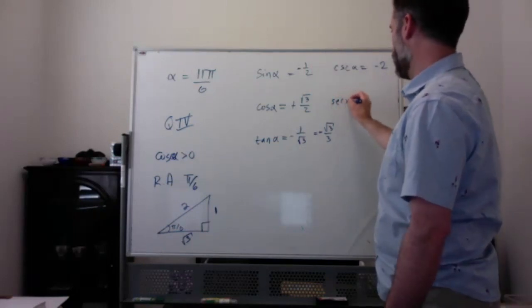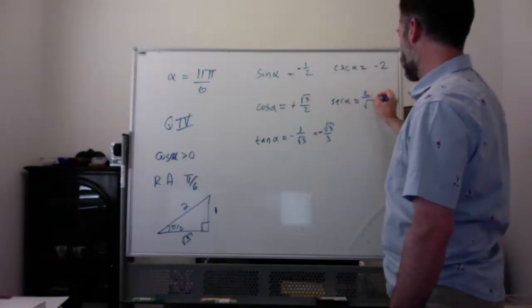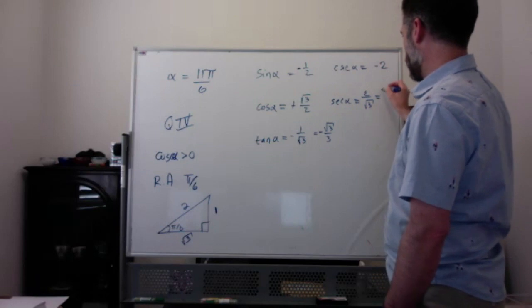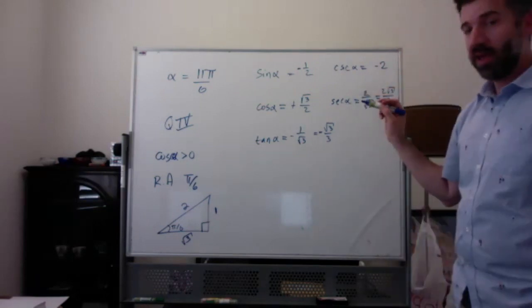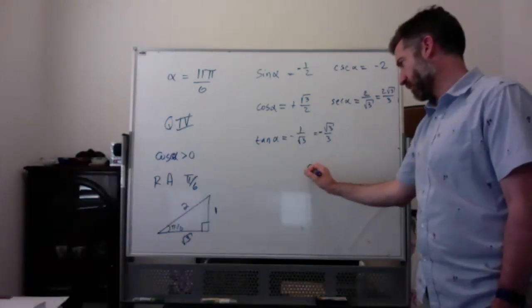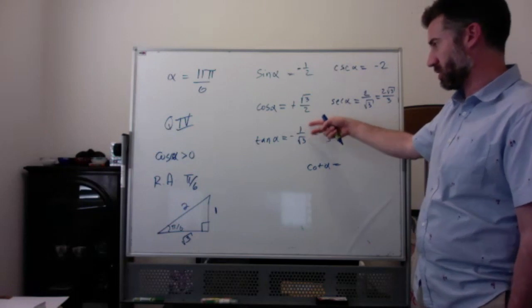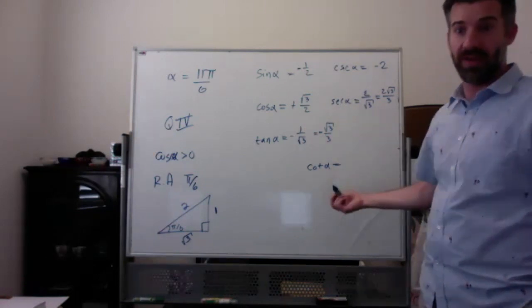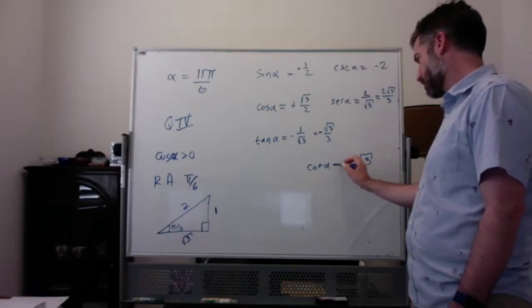Secant of alpha is the flip of cosine, so 2 over root 3, which rationalizes as 2 root 3 over 3. And cotangent of alpha, which I'm going to write down here because I'm out of room, is the flip of tangent, which is just root 3, except it's negative. So it's negative root 3.